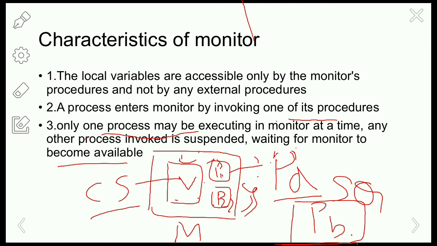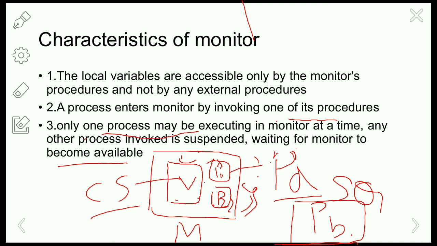The data variables in the monitor can be accessed by only one process at a time. So thus the shared data structure can be protected by placing it in a monitor. Here the shared variables are given more protection by allowing only one process to access, thus providing mutual exclusion.